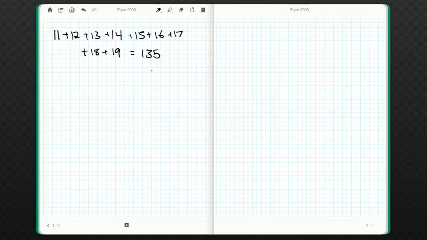So now we're asked for the magic constant, which is the sum of the rows and the sum of the columns.